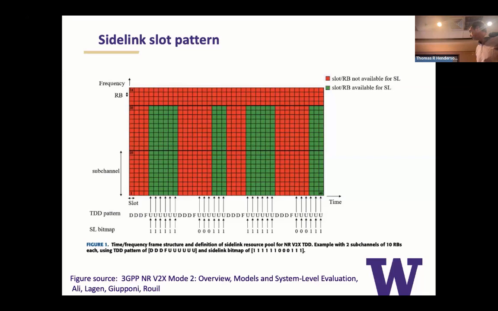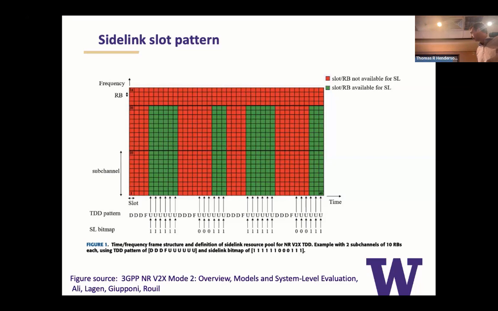And then we're only concerned with sidelink here. And so what's done is that there's what's called a sidelink bitmap that's overlaid on top of the available uplink slots. So everything that you see here in green corresponds to a slot that's available for uplink. And so the sidelink bitmap pattern may reserve that certain slots are still available for uplink traffic, and certain are reserved for sidelink.